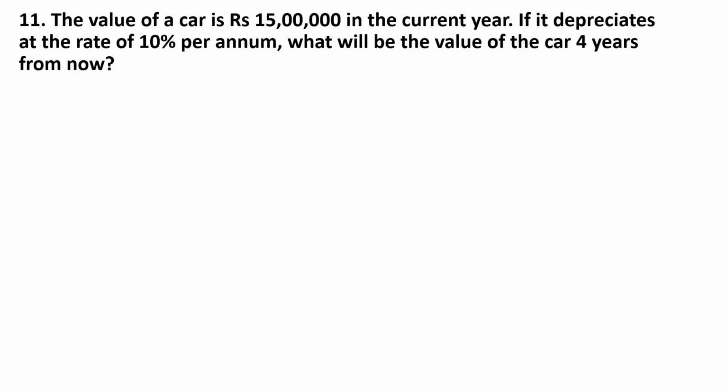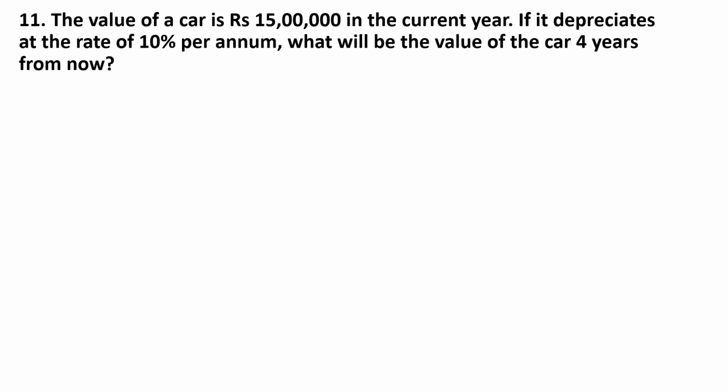Next question. The value of a car is 15,00,000 in the current year. It depreciates at the rate of 10% per annum. What will be the value of the car after 4 years?